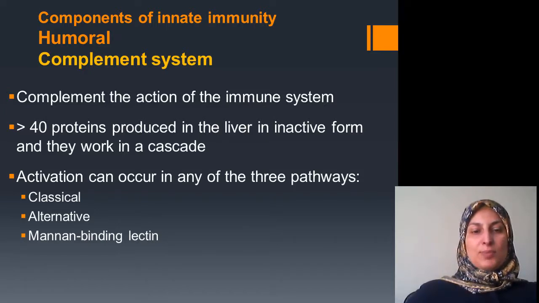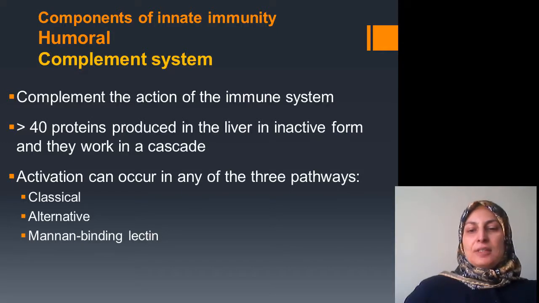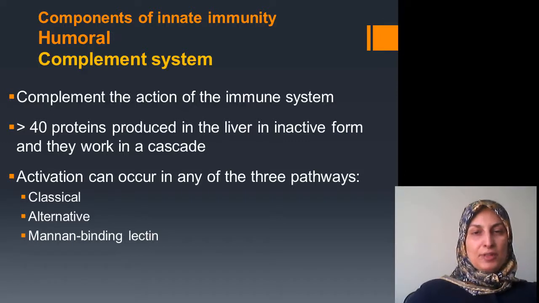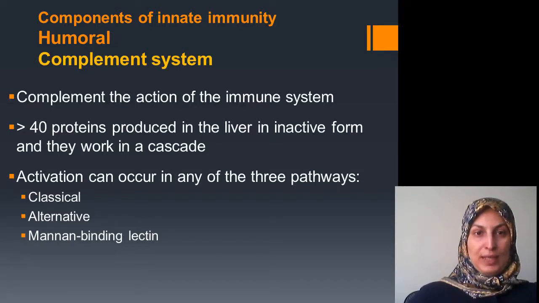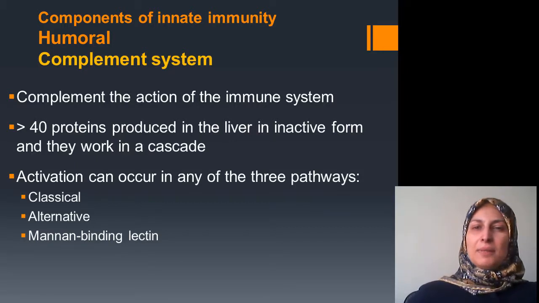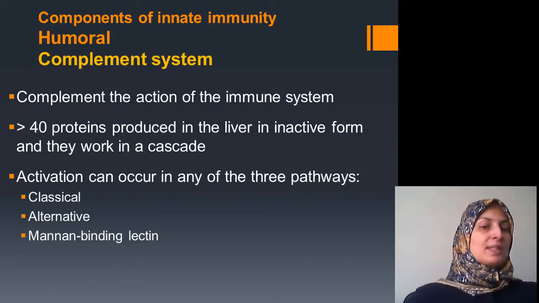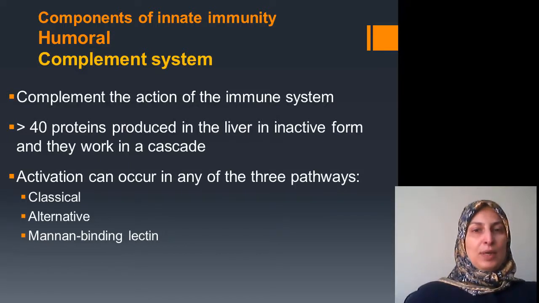for an immune response. Activation takes place in different pathways. There are three pathways. The first pathway that was discovered is called the classical pathway, and later on, when they discovered that the complement system can be initiated in an alternative way, other than the way they discovered initially, they called this the alternative pathway.